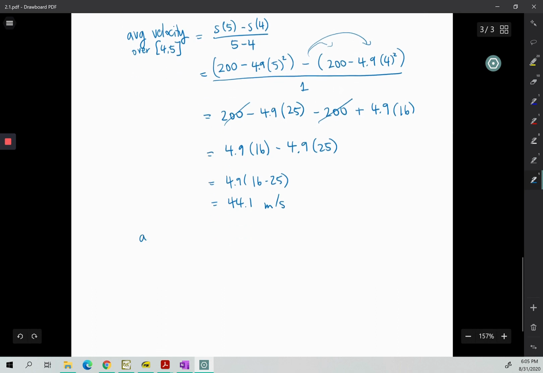Okay, and then basically the same computation for the second interval.